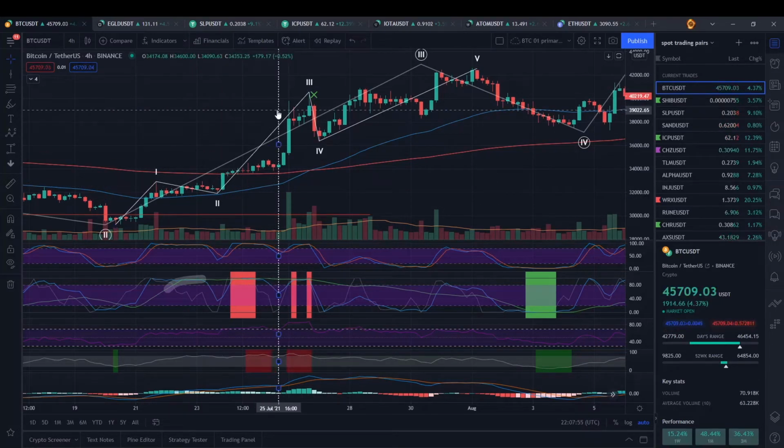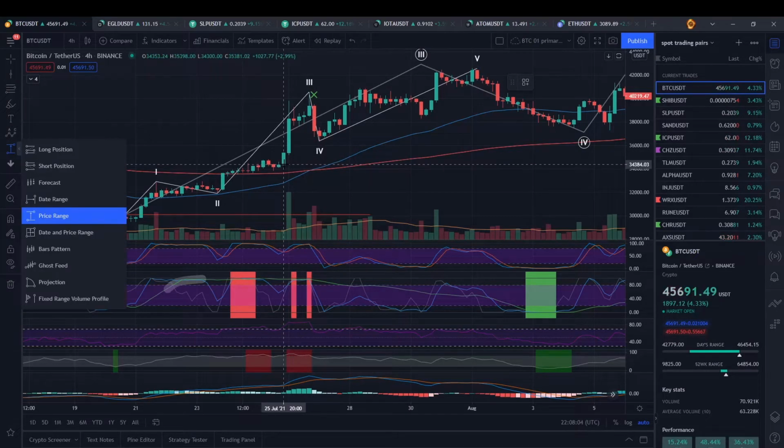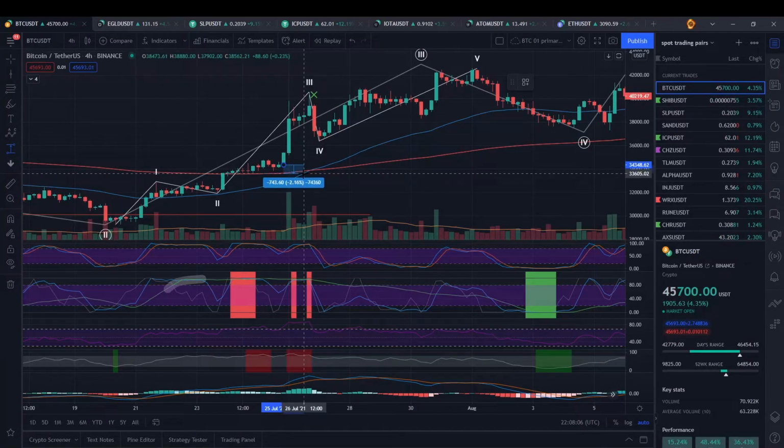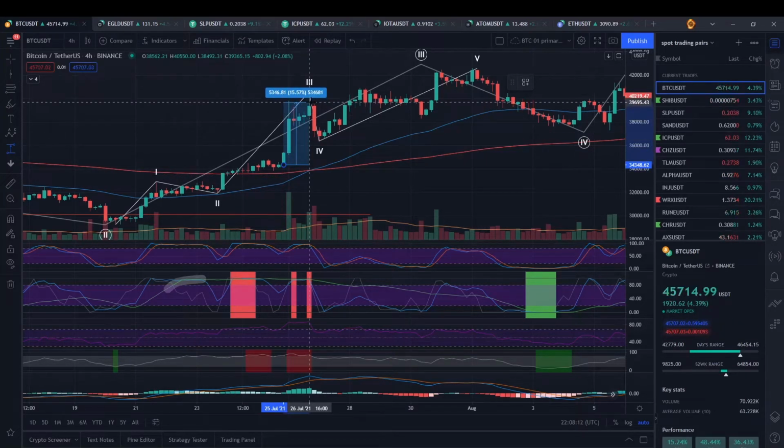Here it wasn't really late, because you'd have just gotten in here and easily entered a scalp trade with probably a maximum 3% stop loss, and you would have made a decent 15%. So this one was easily tradable on the 4 hour.